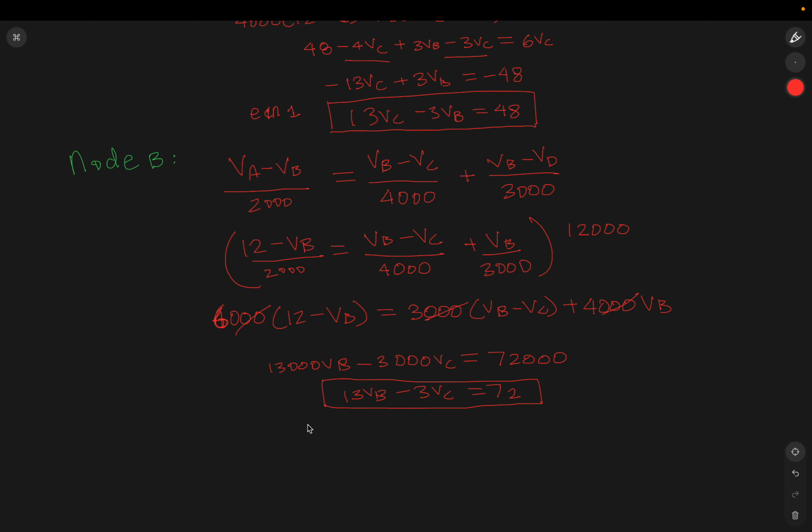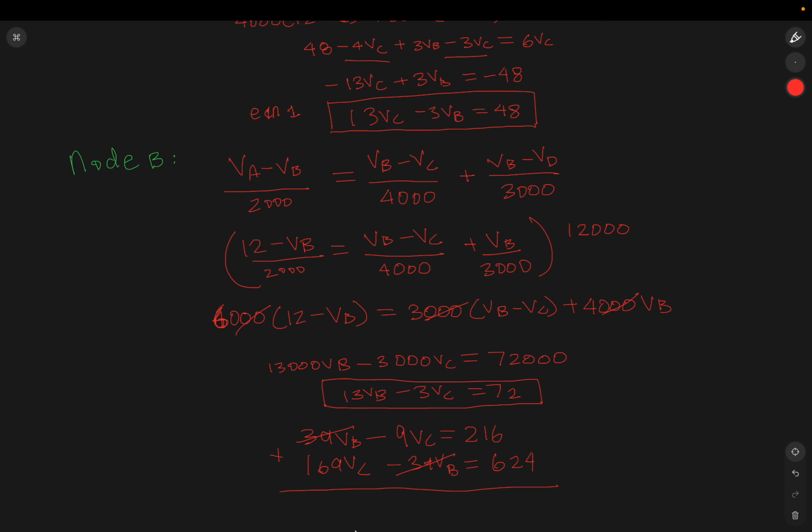So that gave me 39 VB minus 9 VC was equal to 216. And then 169 VC minus 39 VB was equal to 624.